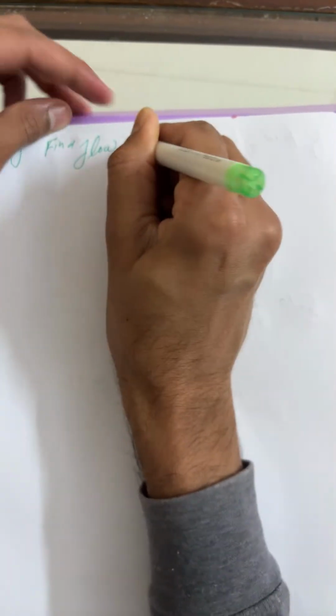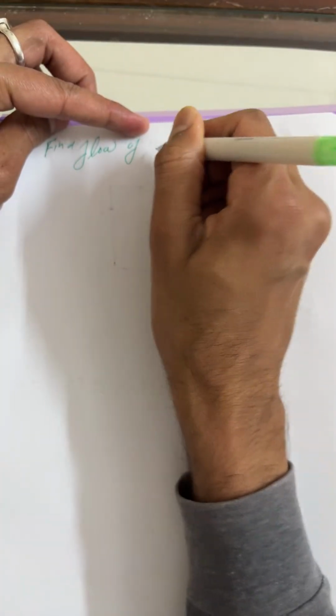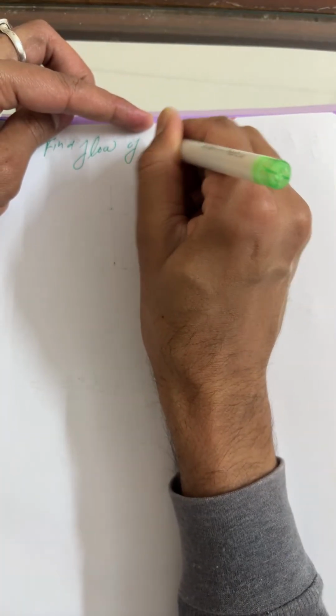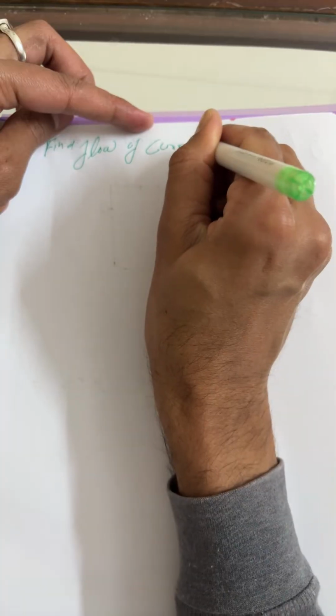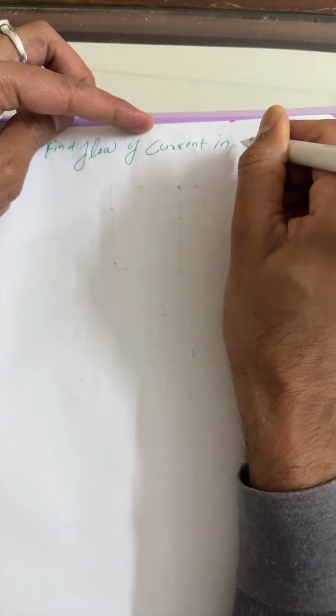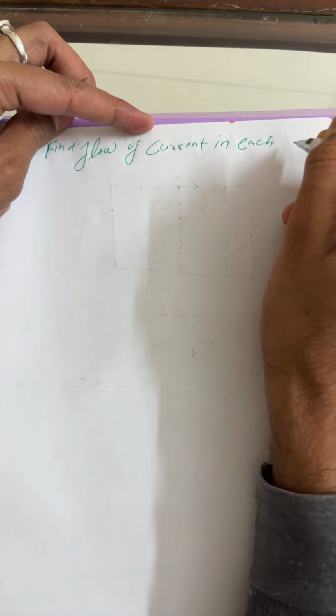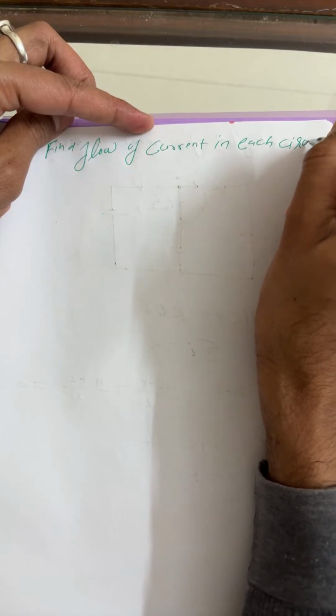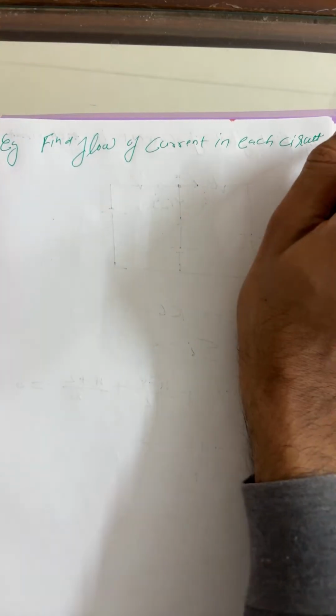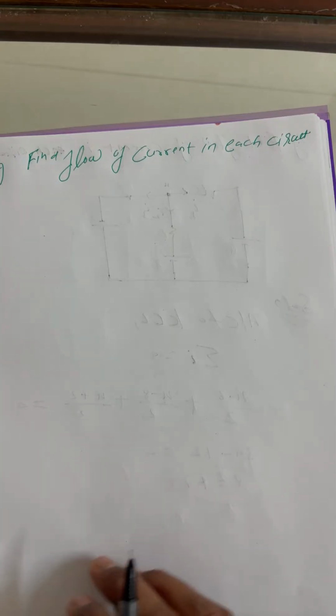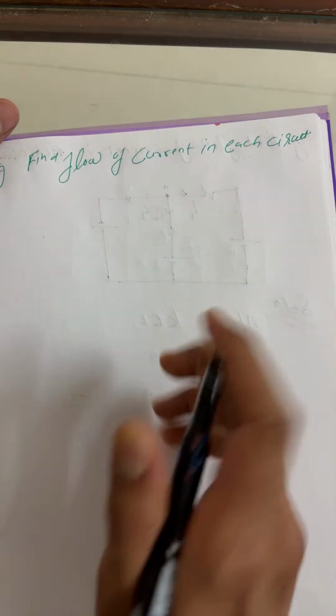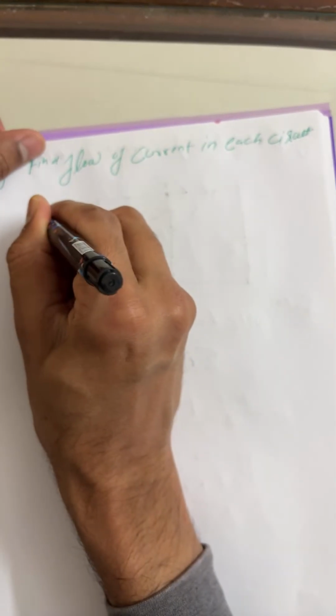Find the flow of current in its circuit. Figure shown. Yes, beta, you can take it like that.